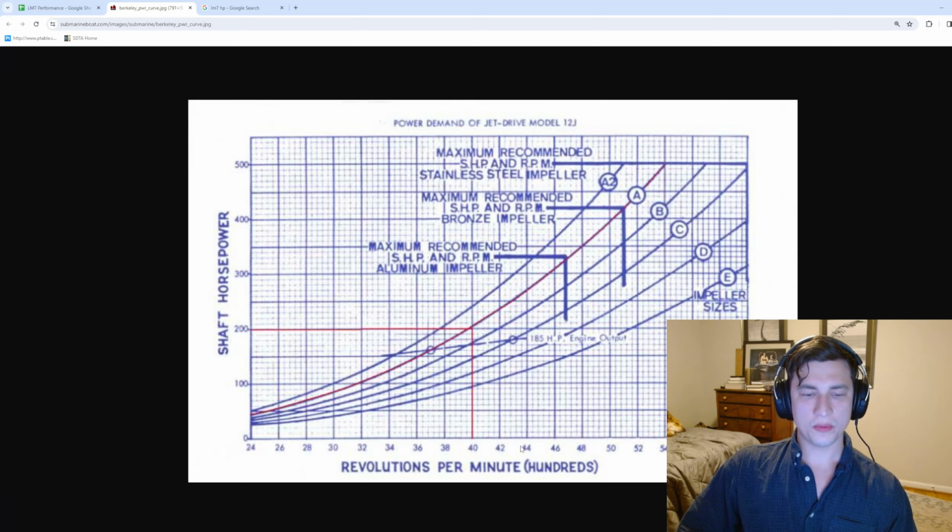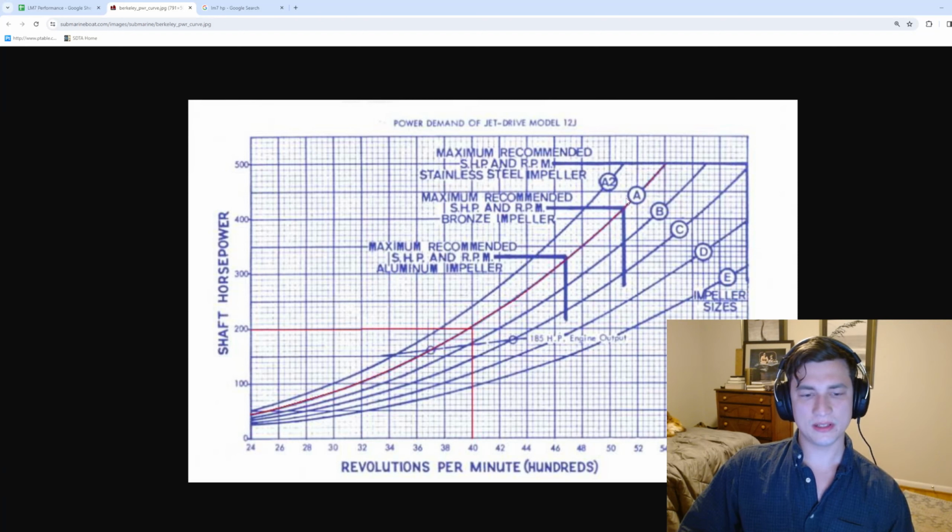And this tells you how many RPMs you have to get to; it correlates RPMs to horsepower. Now, when we couple this to an engine, it's very important that these curves match. If you have too much horsepower, you can exceed the horsepower per RPM of the impeller. We have a stainless steel impeller. If we have an engine that can run way up here, so at 5,600 RPMs it's doing 550 horsepower, we will destroy the impeller.